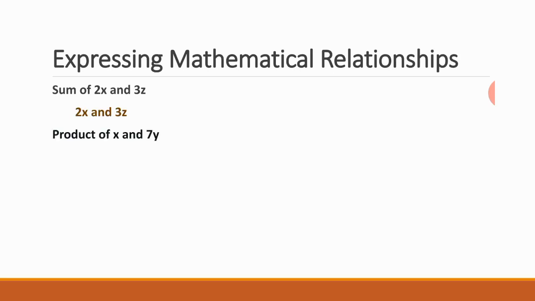Next, product of x and 7y. It means that we have to multiply x and 7y, just like x multiplied by 7y. If we divide 3ab by 2c, it means 3ab divided by 2c, so we can write it as 3ab over 2c.